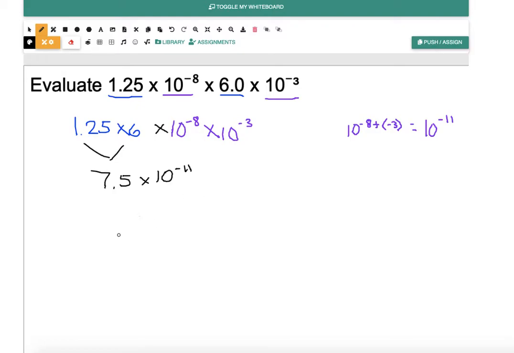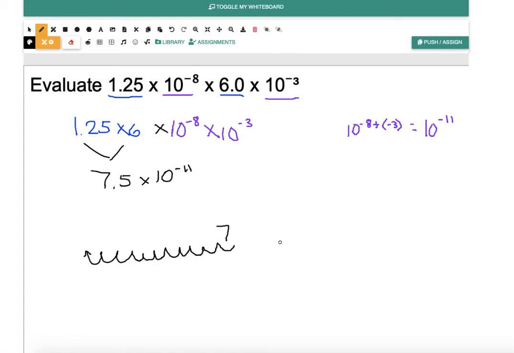So if you're writing it in standard notation, then like I said, you're going to write the first number, which is 7. I'm going to probably need more space than that. Because it's a negative number, it's going to the left with the zeros. So the decimal would be to the right of 7. So I'm going 1, 2, 3, 4, 5, 6, 7, 8, 9, 10, 11.